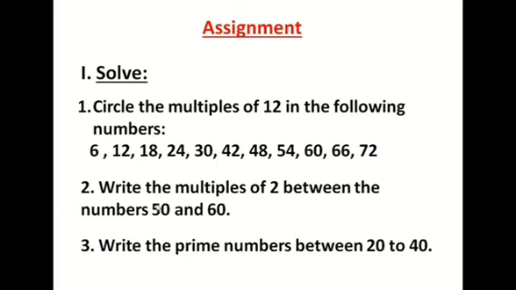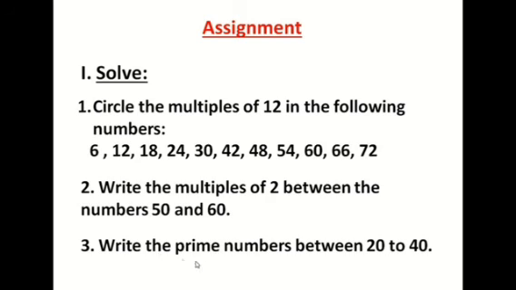Question number 2. Write the multiples of 2 between the numbers 50 and 60. The numbers are 51, 52, 53, 54, 55, 56, 57, 58 and 59. From 51 to 59, which are the multiples of 2? You have to find out.